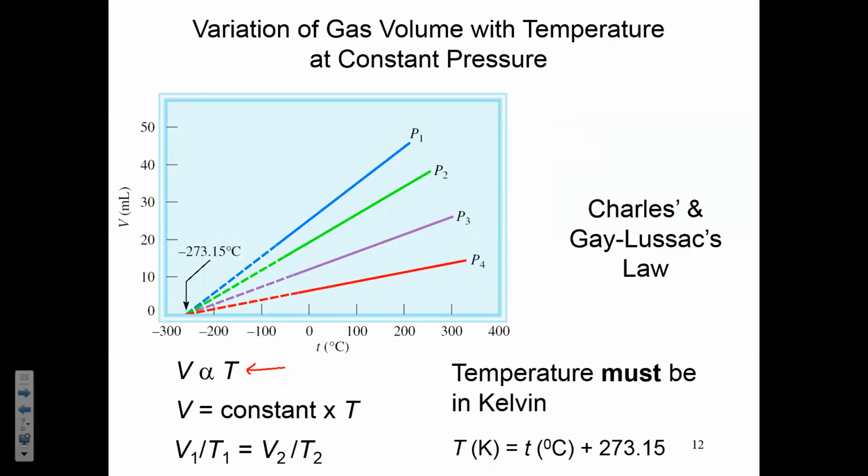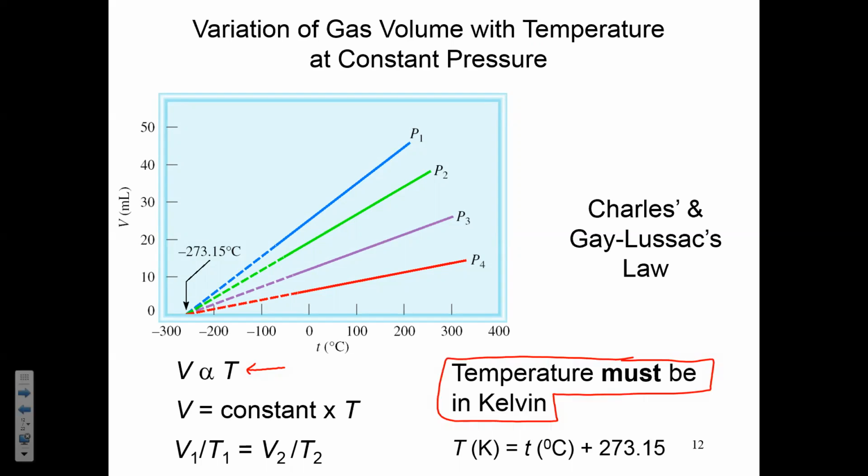Okay. Some things that you need to know for this law. Again, your pressure stays constant, so we're not changing our pressure at all. Okay, temperature and volume are what we are concerned with. And then for this one, all of your temperatures have to be converted to Kelvin.